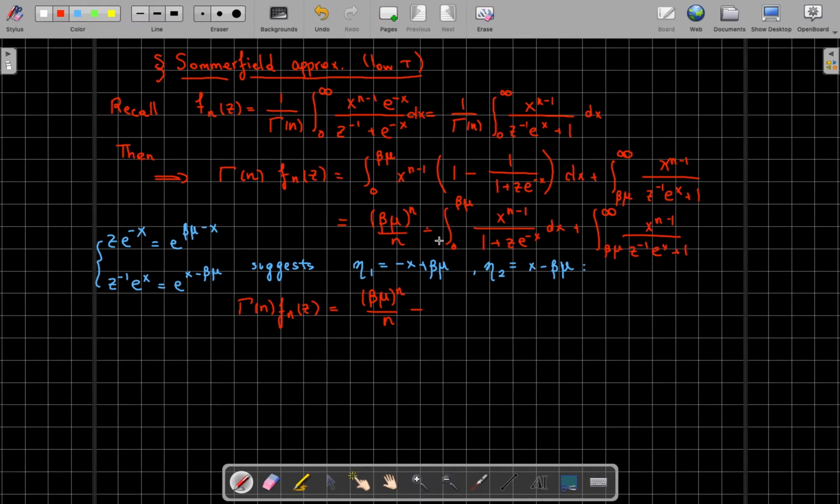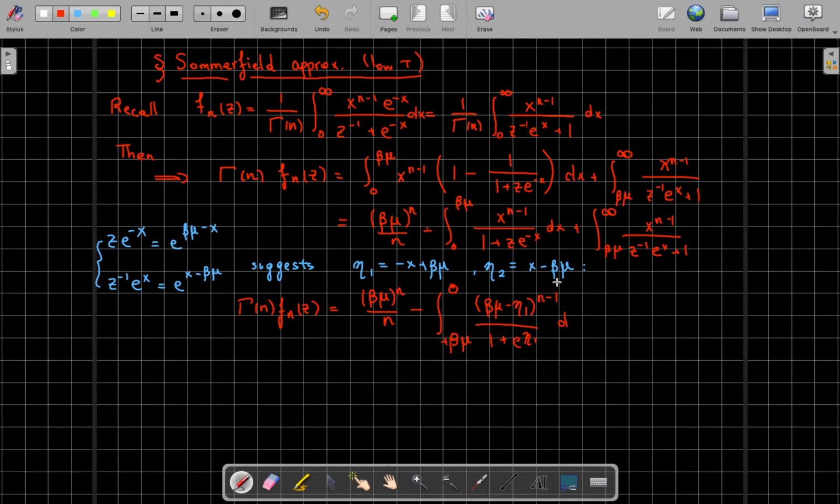So first of all, this is an integral from 0, so let's look at it like this. What does 0 become? 0 becomes plus beta mu. What does beta mu become? That becomes 0. And then x to the n minus 1 becomes beta mu minus eta 1 to the power of n minus 1 over 1 plus e to the eta 1.